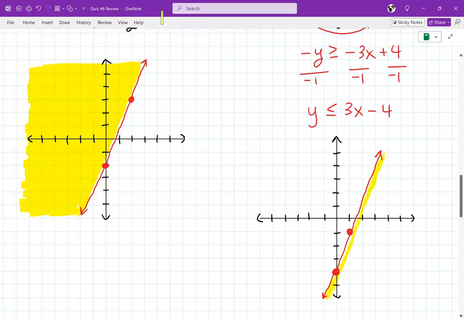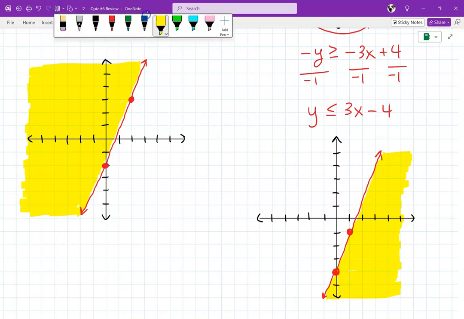Remember, if you have a hard time figuring out where above and below are, pay attention to the y-axis. Notice your y-intercept is negative 4. The numbers below negative 4 are smaller. They're less than.